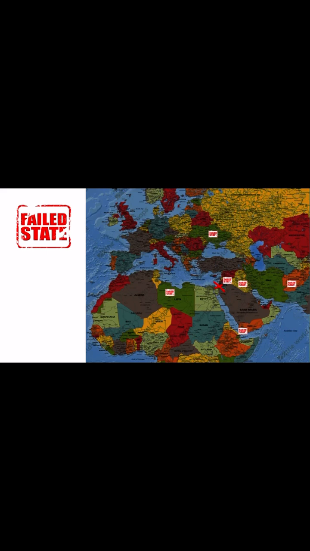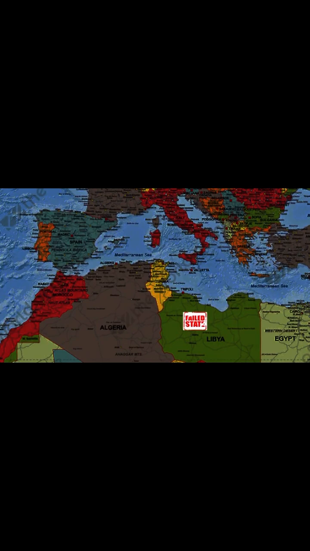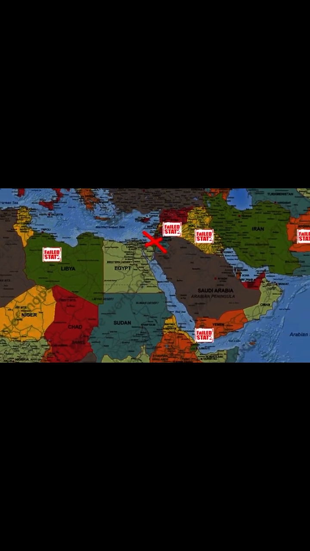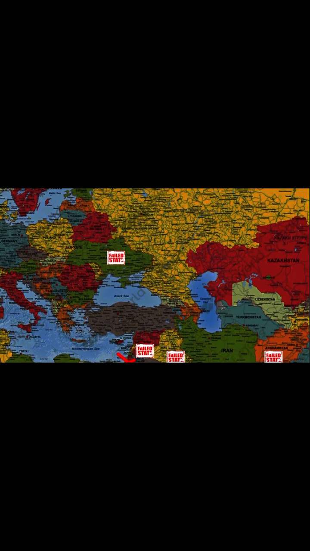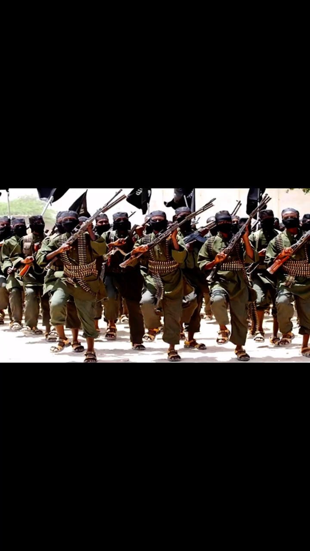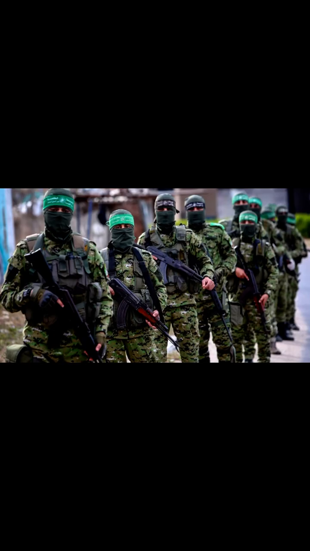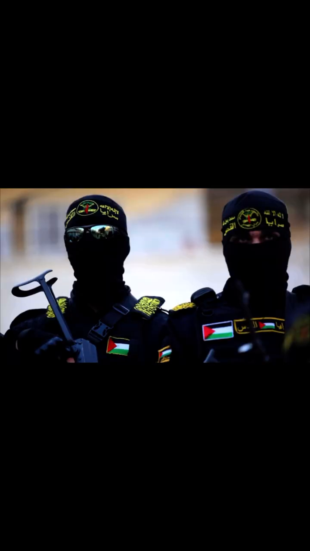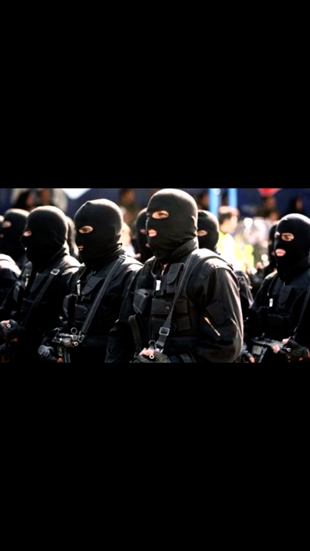Well, lately a lot of failed states are popping up in the neighborhood of Jerusalem. Al-Qaeda, Boko Haram, Fatah, Hamas, ISIS, Islamic Jihad, Mossad, pure Teutonic symbology.